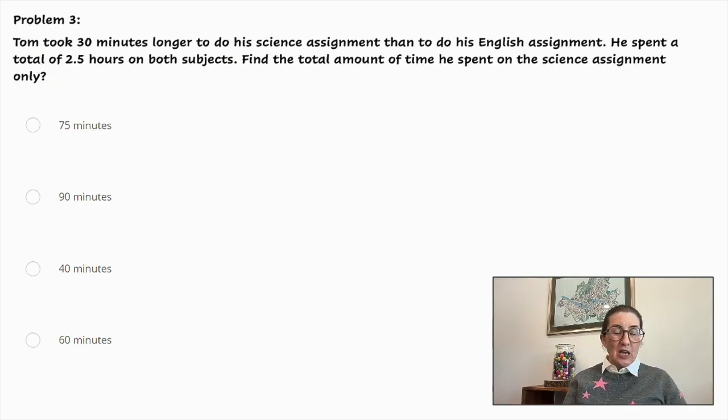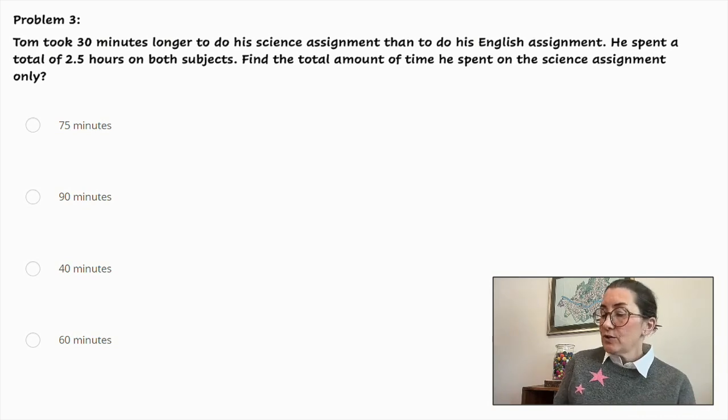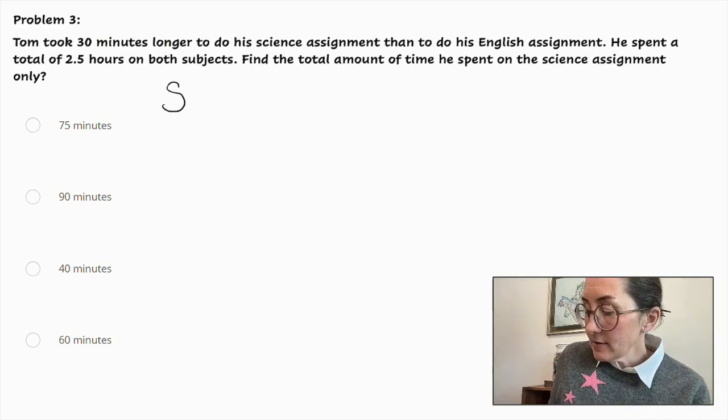Problem number 3. Tom took 30 minutes longer to do his science assignment than to do his English assignment. He spent a total of 2.5 hours on both subjects. Find the total amount of time he spent on the science assignment only. So let's take a look here. Science for Tom took half an hour more than his English.